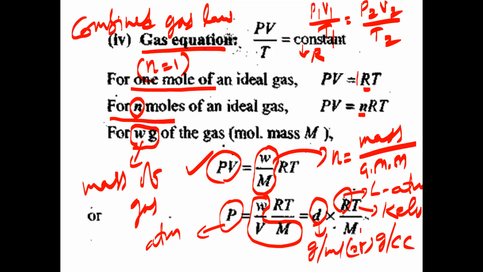And M is the gram molecular mass, so the molecular mass in grams: oxygen gas O2 is 32 grams, nitrogen gas is 28 grams, CO2 gas is 44 grams. Like this, gram molecular weight is capital M. Let's take the screenshot of this.